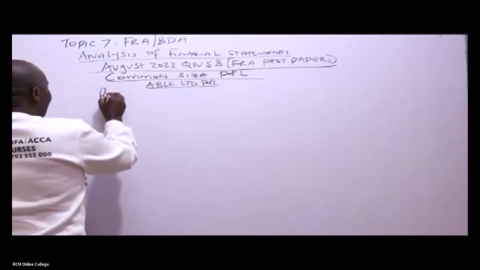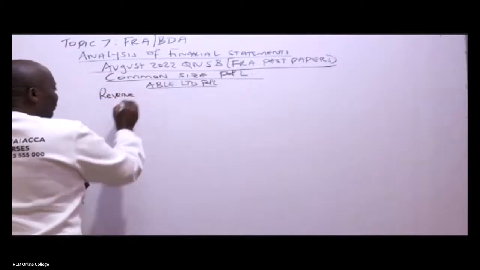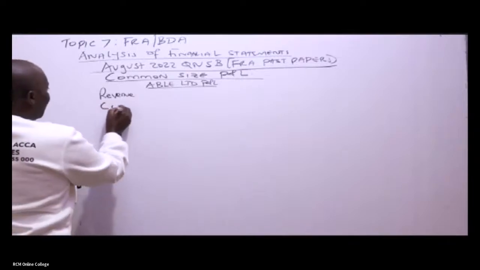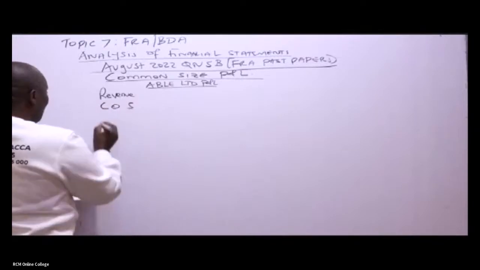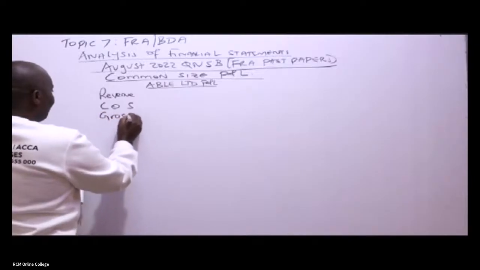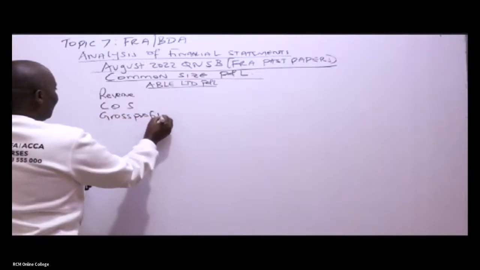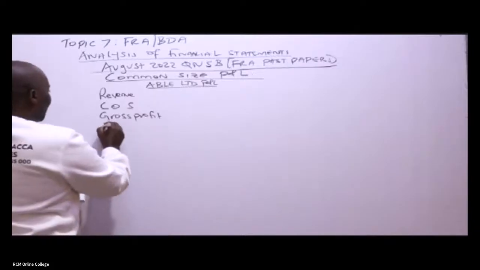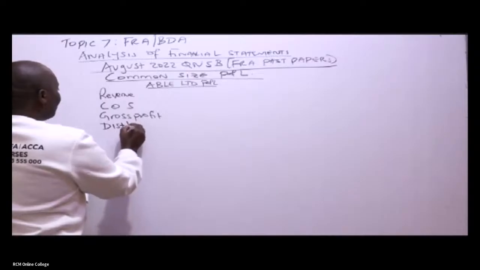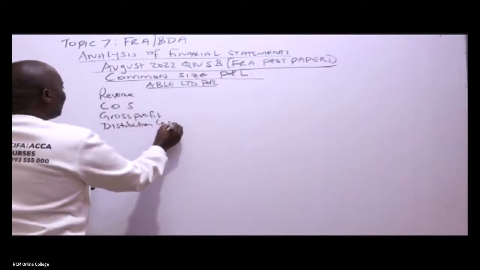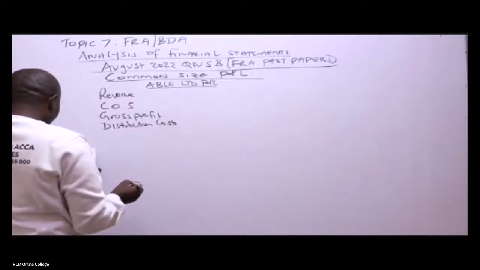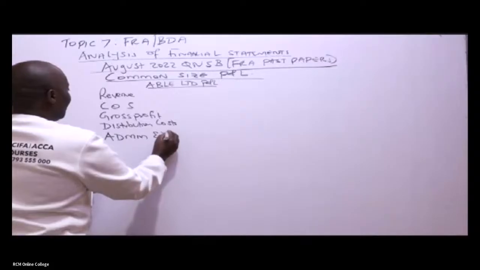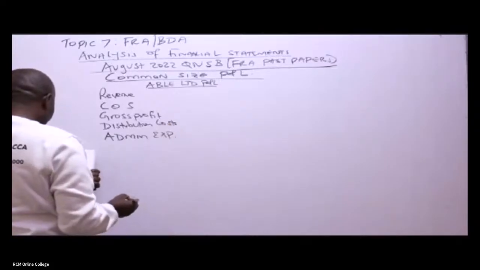So we have revenue, cost of sales, gross profit, distribution costs, administrative expenses, operating profit.